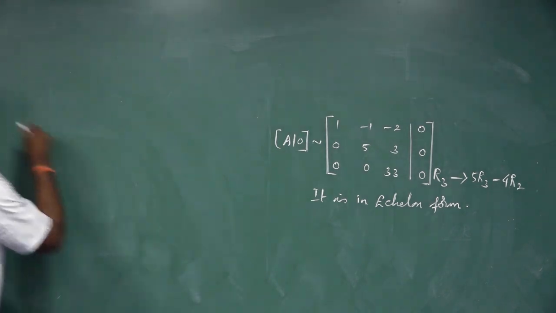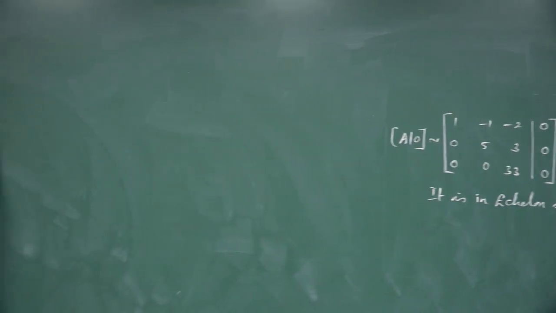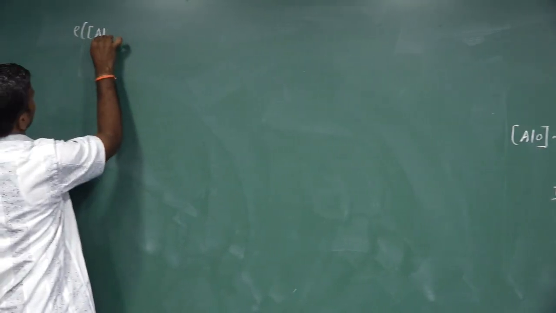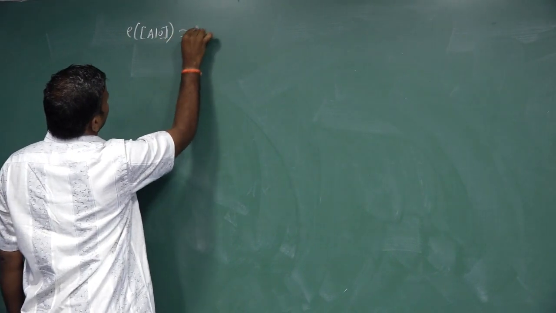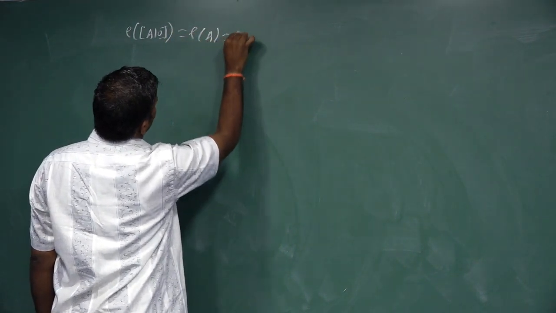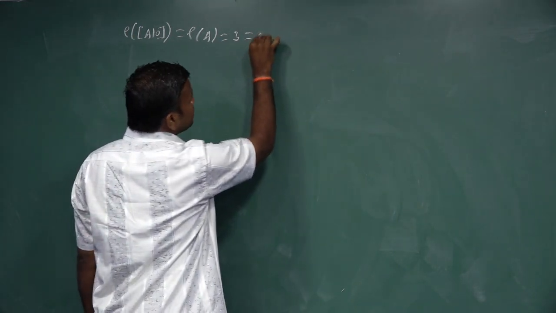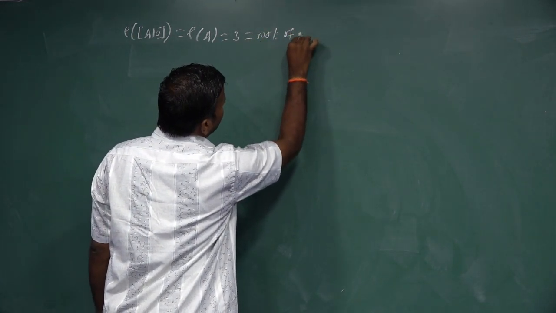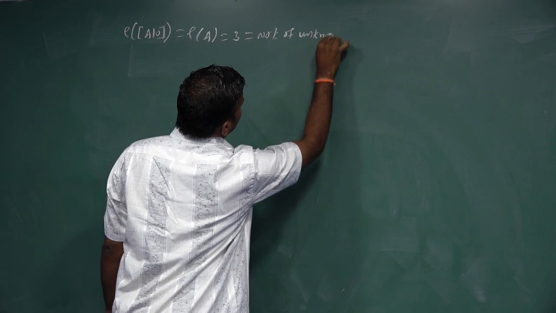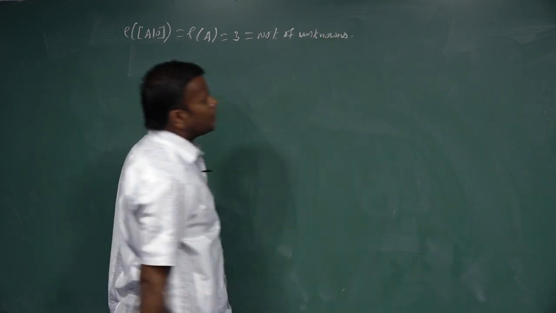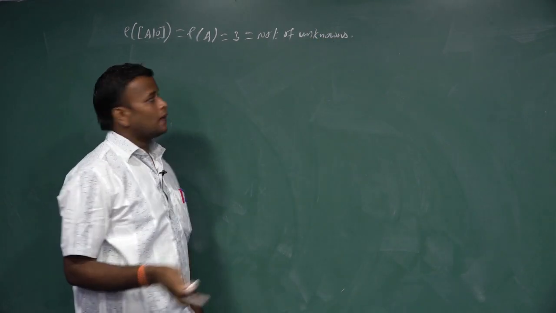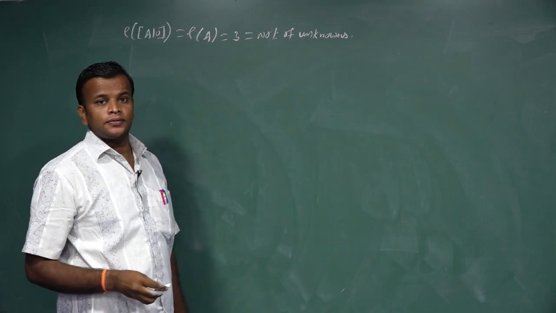Next, we write the rank. Rank of A|0 and rank of A are equal to 3 here, where 3 is the number of unknowns. Number of unknowns means x, y, z. Both ranks are equal to 3.